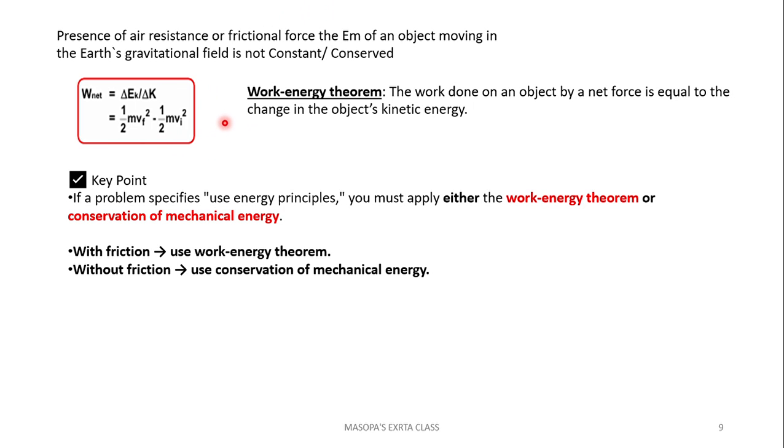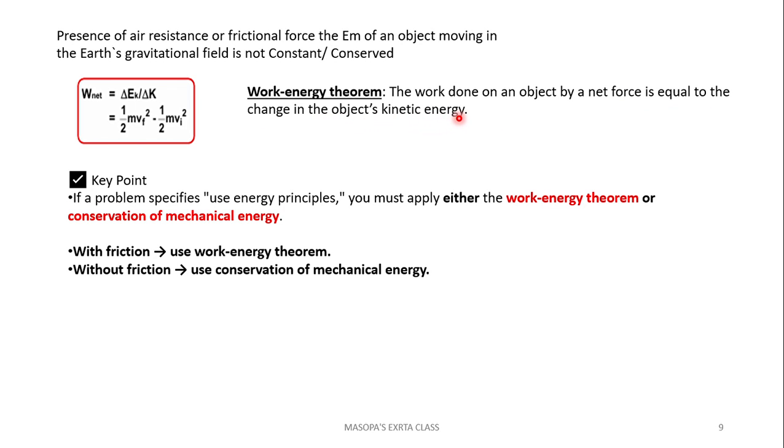So you are required to use the work energy theorem, which says that the net work done on an object by the net force is equal to the change in the object's kinetic energy.